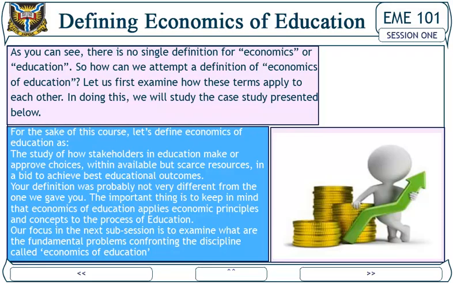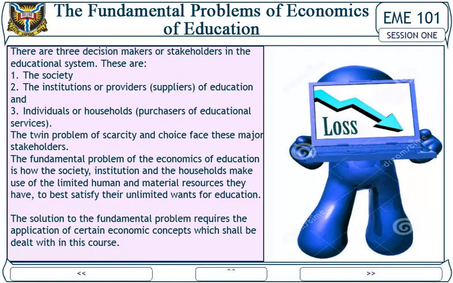The fundamental problems of economics of education. There are three decision makers or stakeholders in the educational system. These are the society, the institutions or providers, suppliers of education, and individuals or households, purchaser of educational services. The twin problem of scarcity and choice face these major stakeholders.